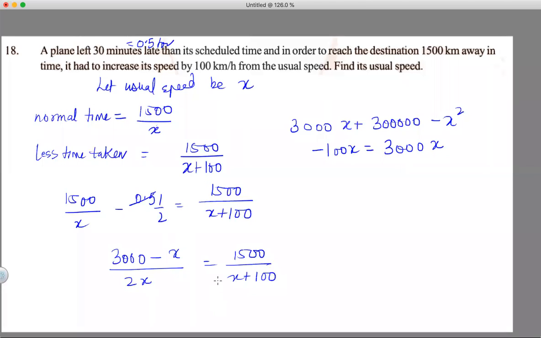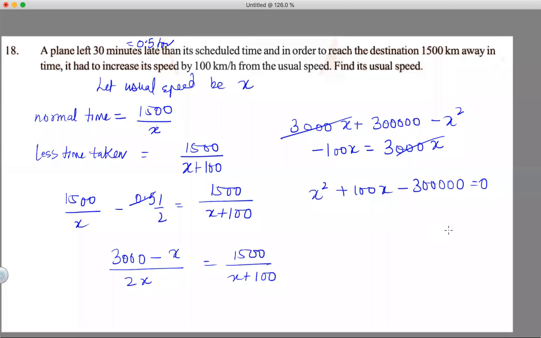So 3000 x से 3000 x को कट कर दो. ये तो चला गया. So we are left with x square plus 100x minus 3 lakh. Okay, so now we have to find two factors of 3 lakh which differ by 100, right?